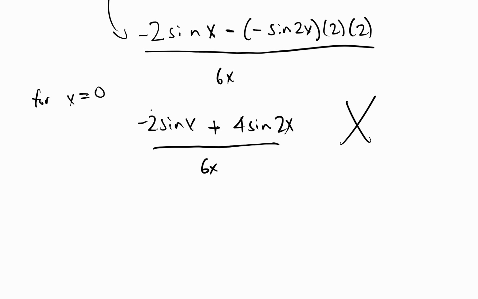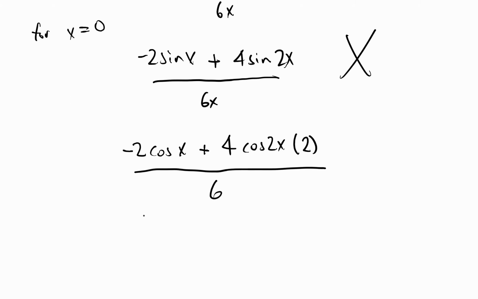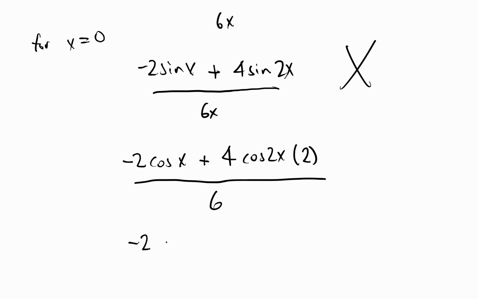So we differentiate yet again, and that becomes negative 2 times, sin x becomes cos x, plus 4 times, sin 2x becomes cos 2x, followed by the chain rule, the derivative of 2x being 2, all over 6, which is finally a constant. Now if I expand this, we get negative 2 cos x plus 8 cos 2x over 6.